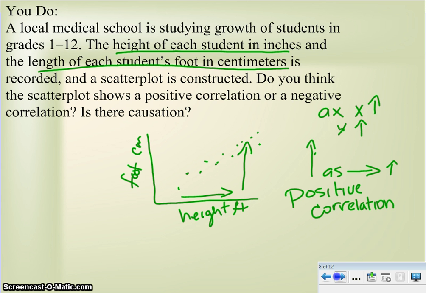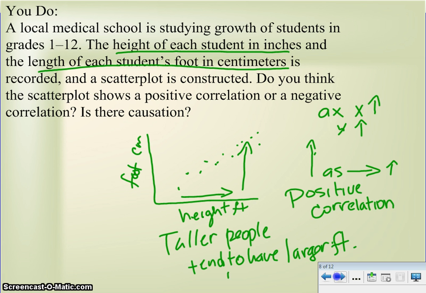So we know that it's positive, and is there causation? Is there a reason that their foot is getting bigger? Yes, as they're getting taller, taller people, not always, but generally, tend to have larger feet.